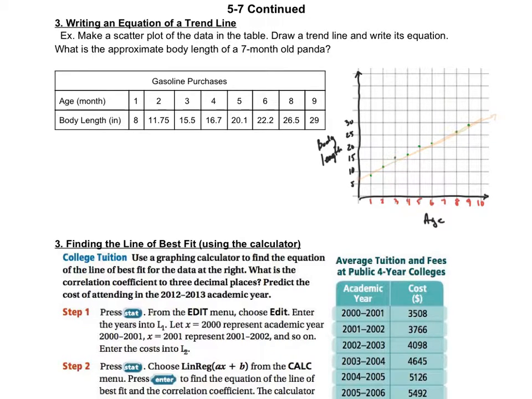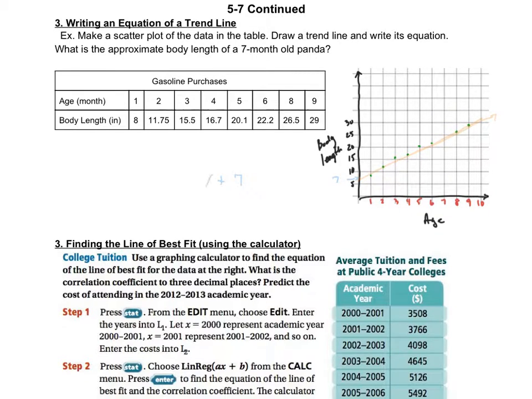And this thing right here we know should be my y-intercept. So it looks like I intercept somewhere around the points of maybe 7. So my y-intercept is going to be about 7 body length.